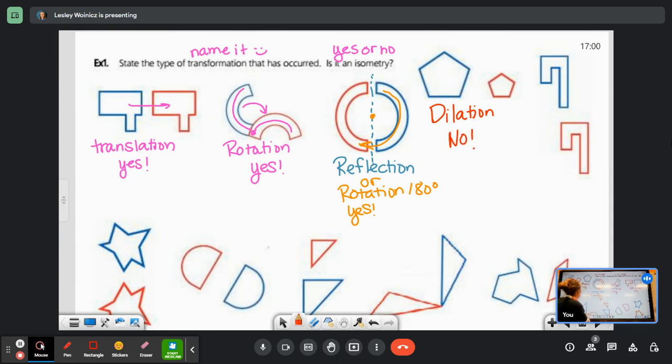So we're going to say no, because they're not congruent. Next we have another translation or shift. And this is an isometry because those figures are congruent.